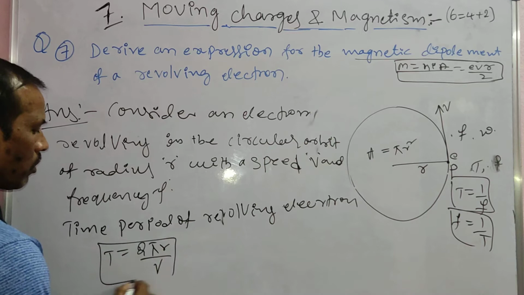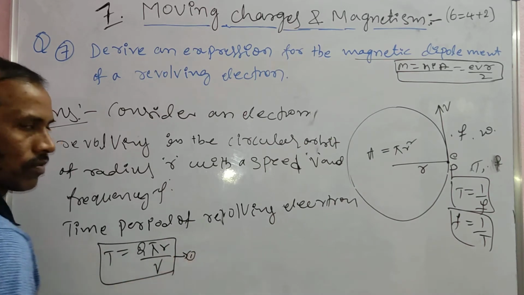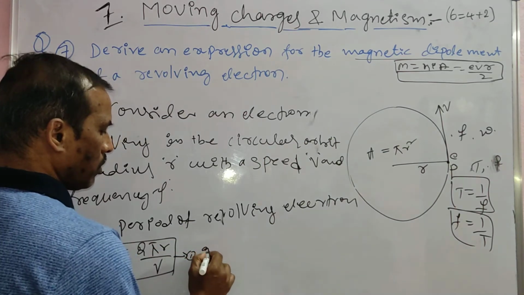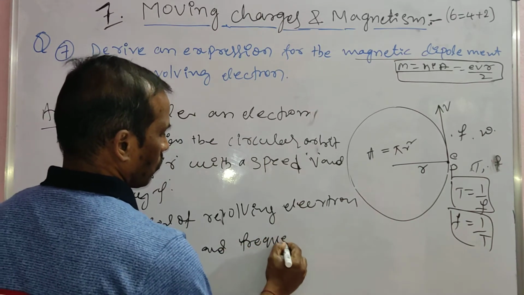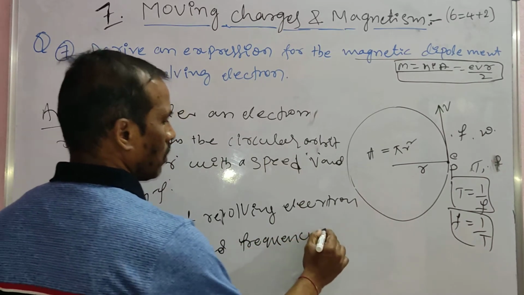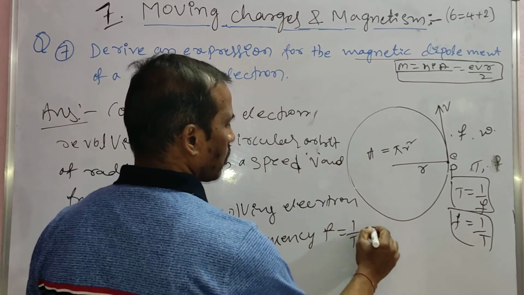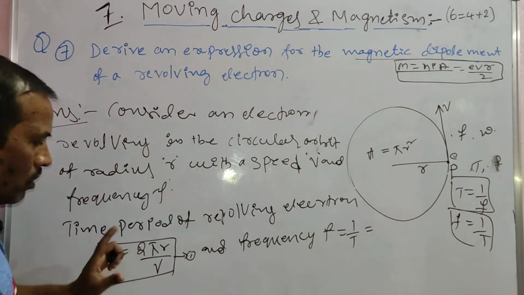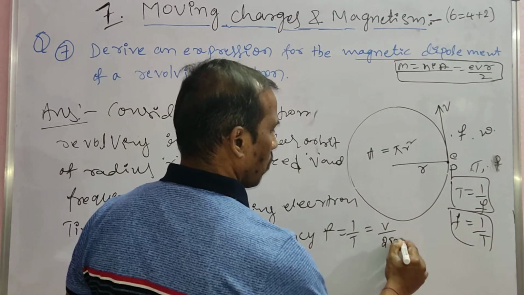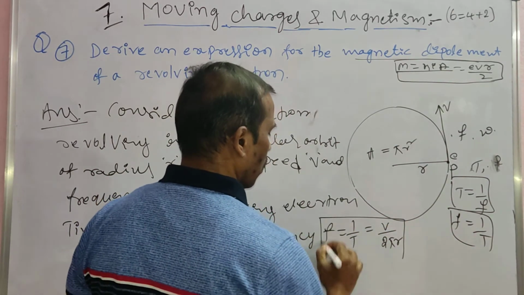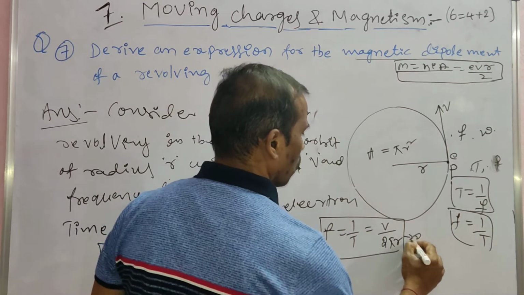This is a very important formula, equation one. Now the frequency f is equal to 1 by T, that is v by 2 pi r, this is equation 2.